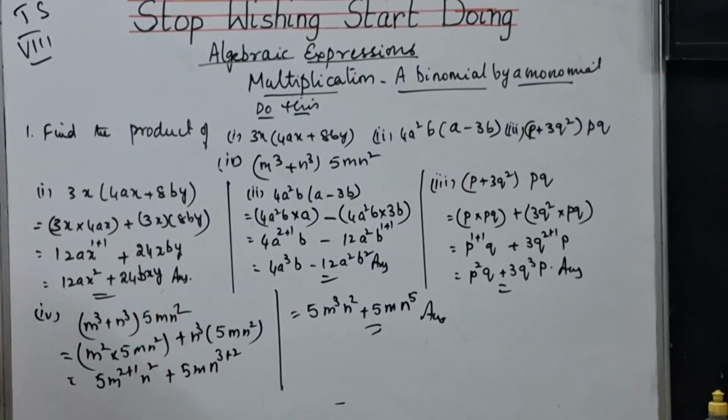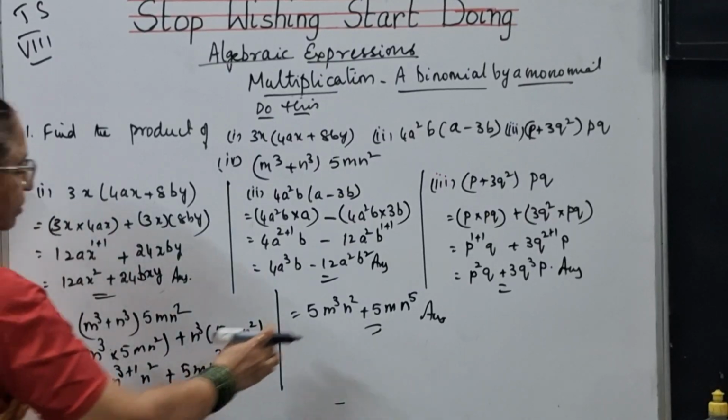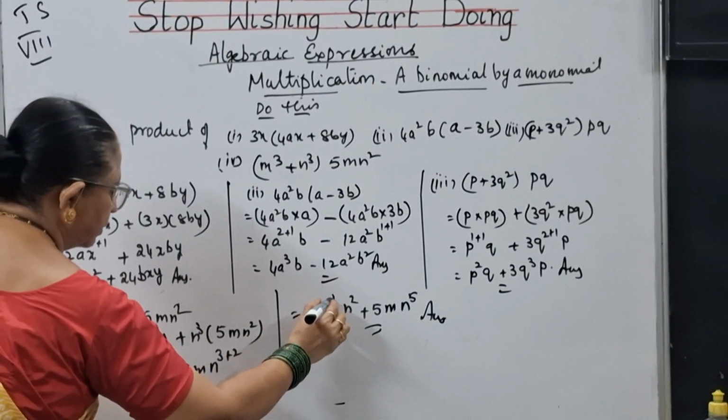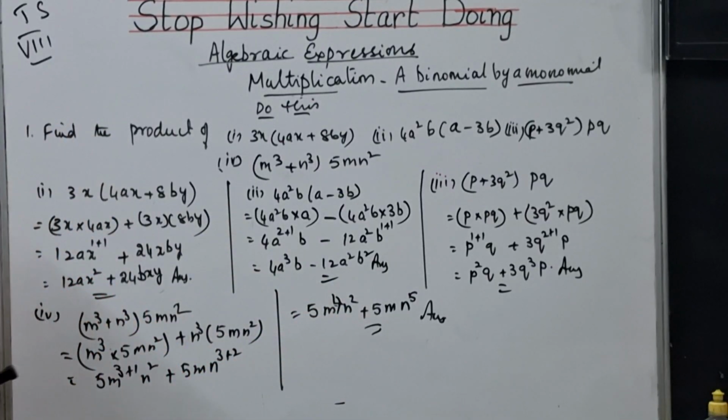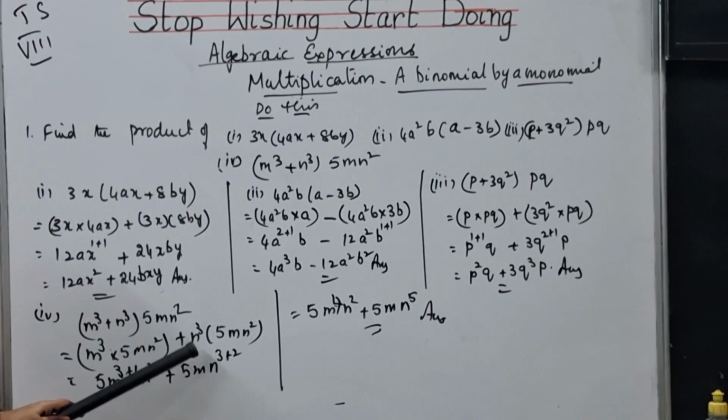Fourth one, m cube plus n cube into 5mn square. That is m cube. Sorry children, this is m cube. M cube means this is 3; 3 plus 1, you'll be getting 4 here. Okay. So m cube into 5mn square plus n cube into 5mn square.